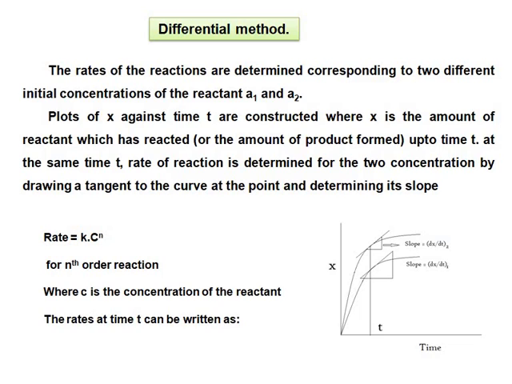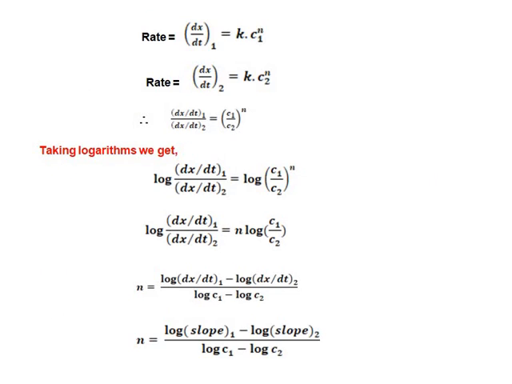The rate at time t can be written as rate equal to dx by dt 1 equal to k into c1 raised to n, and for the other initial concentration, rate equal to dx by dt 2 equal to k into c2 raised to n.